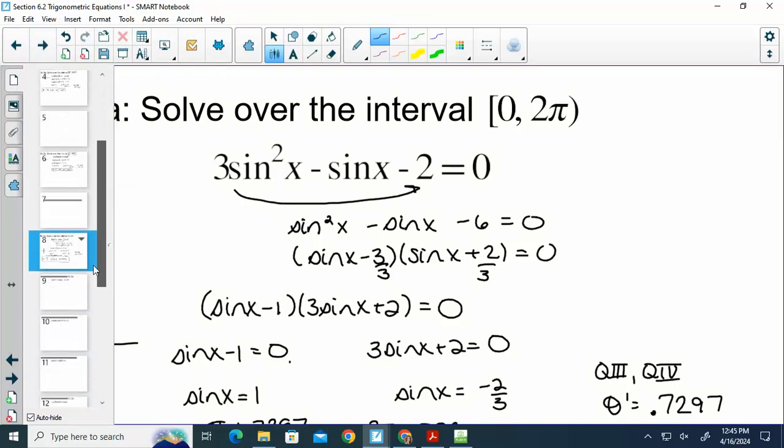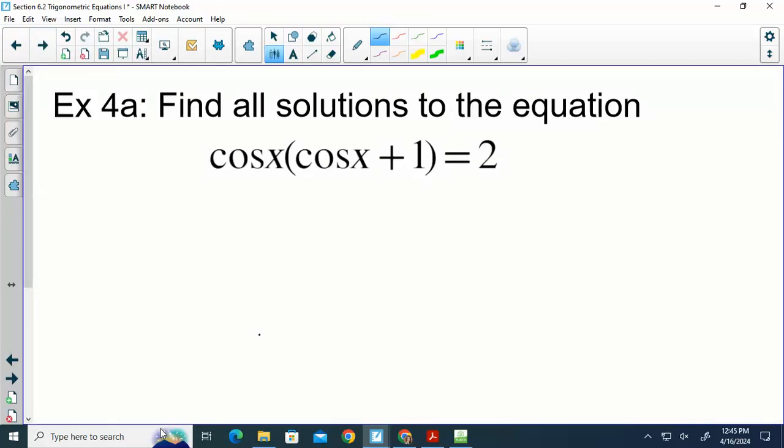I'm going to go to this one next. You make the distribute and then subtract and then undistribute.